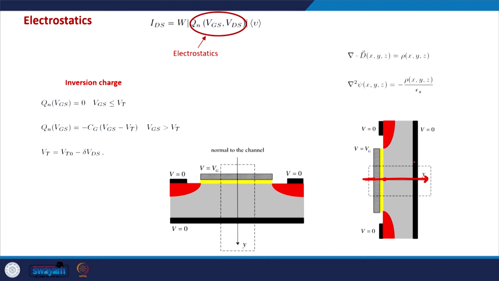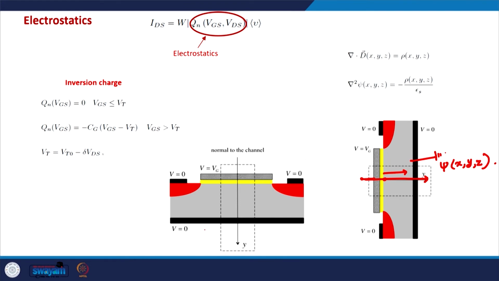The other terminal of the semiconductor is generally grounded, but because of a positive voltage on the gate terminal, there is a certain positive potential that also is produced here, and this is known as the potential in the semiconductor, and this is generally a function of all three parameters, x, y and z.